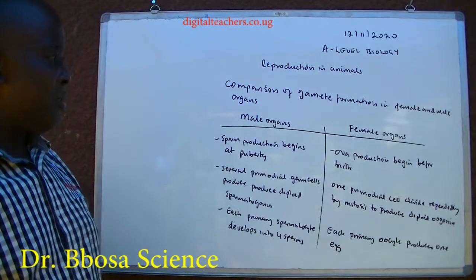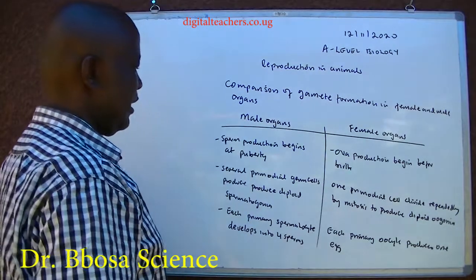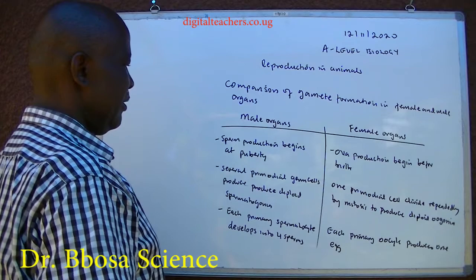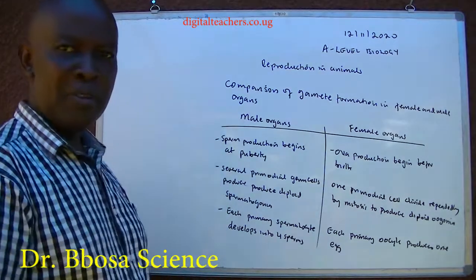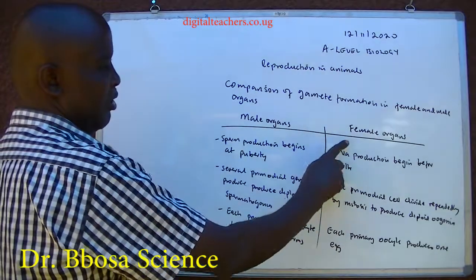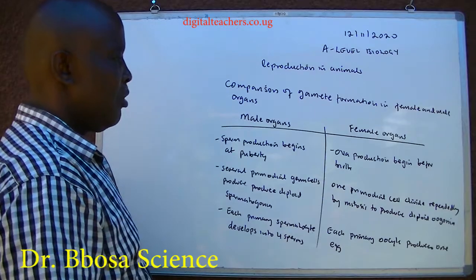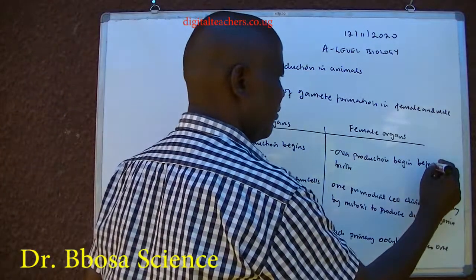Comparison of gamete formation in female and male organisms. In male organisms, production of sperms begins at puberty. In female, oogenesis begins before birth.